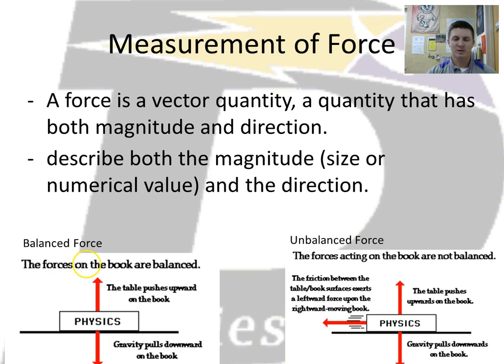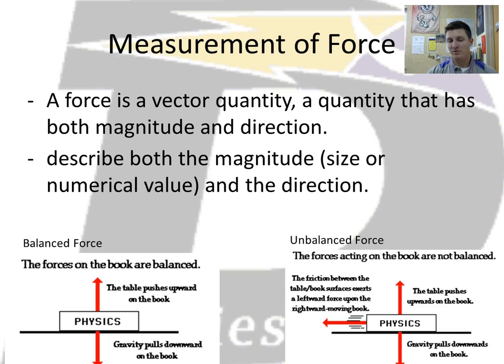If we look here, the forces on the left are balanced because the table is pushing up on the book, and gravity is pulling downward on the book. It's the same. The object is not moving. Therefore, the magnitude of forces acting on the book are the same, and the directions of the forces are opposite. Whenever you have a balanced force, the object is at either a constant speed or not moving.